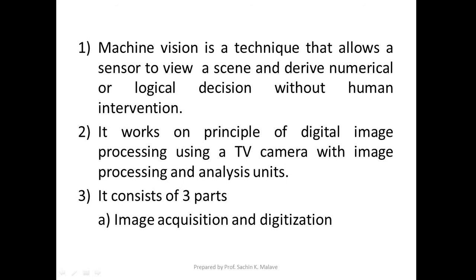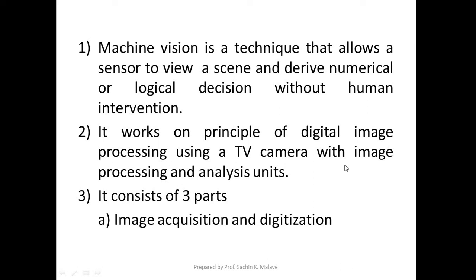Basically, this system works on the principle of digital image processing using a TV camera with image processing and analysis units. Whatever is seen by the system is converted into a digital image.